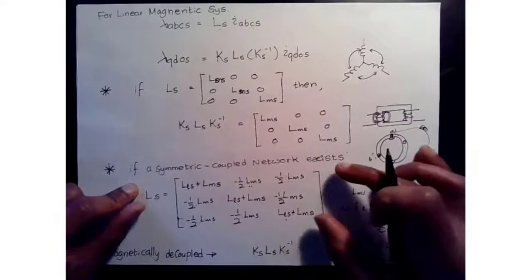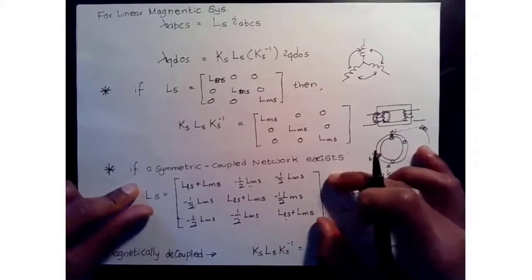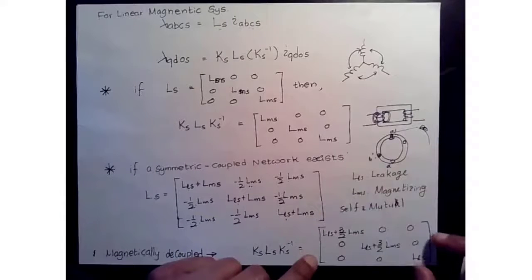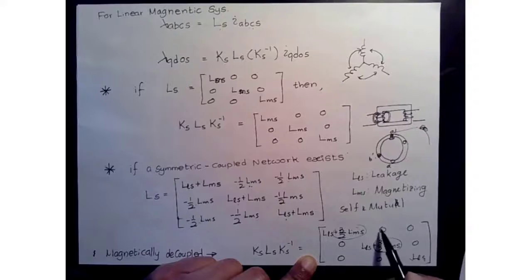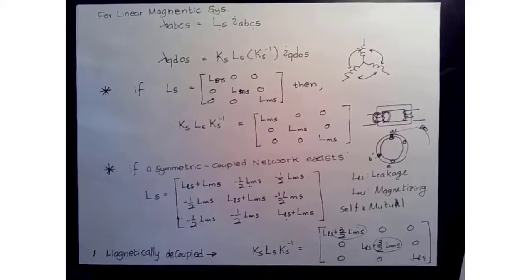Okay, and when you transform such a system, you're going to get a relationship like this. If it's symmetric and coupled, you're going to get all diagonal elements, where we see the primary inductances on those two elements on the Q and D. Zero sequence is primarily based on leakage, and the off-diagonal elements go to zero after the transformation.